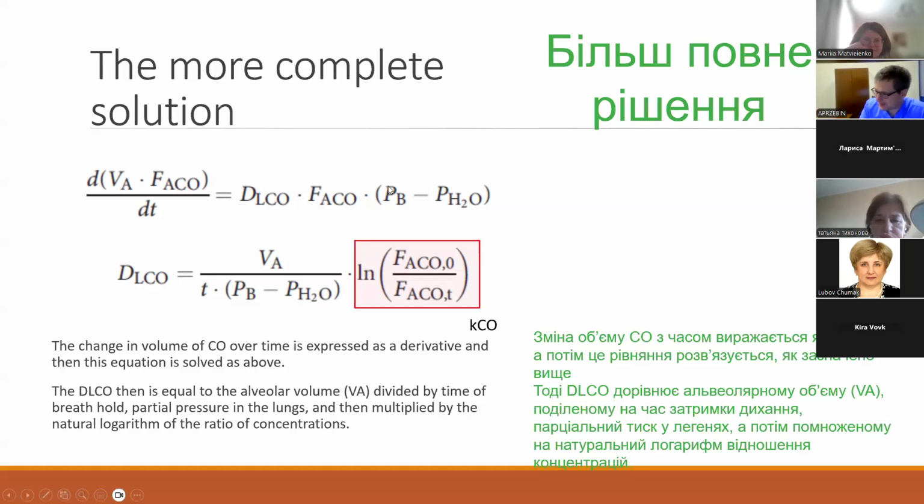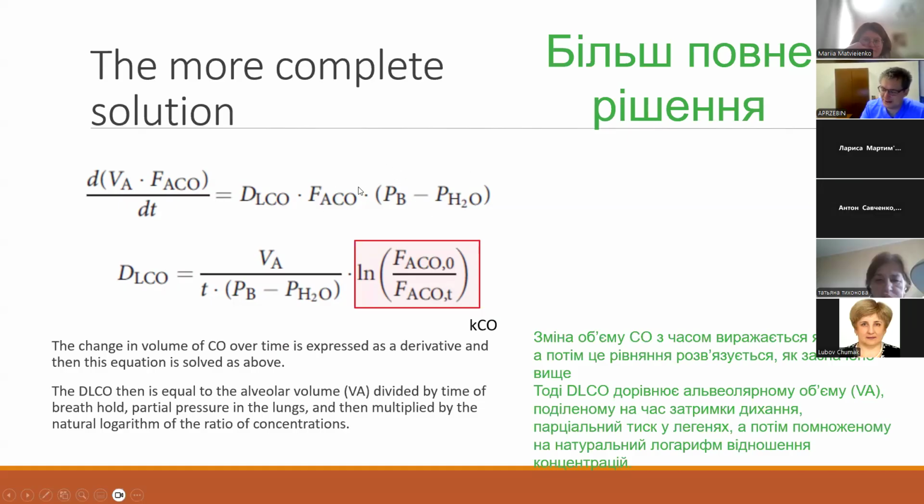Okay, so this part here essentially represents the partial pressure of carbon monoxide. If you solve this for DLCO, you get that the DLCO is equal to the alveolar volume divided by the time of the breath hold maneuver, multiplied by this pressure in the lungs.